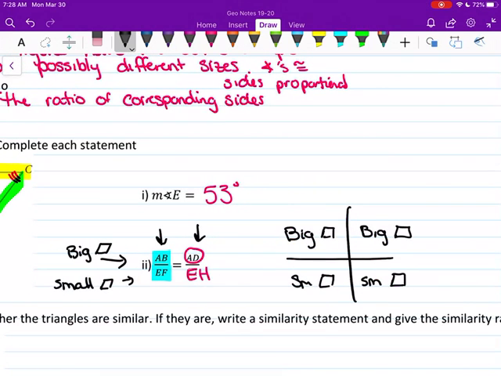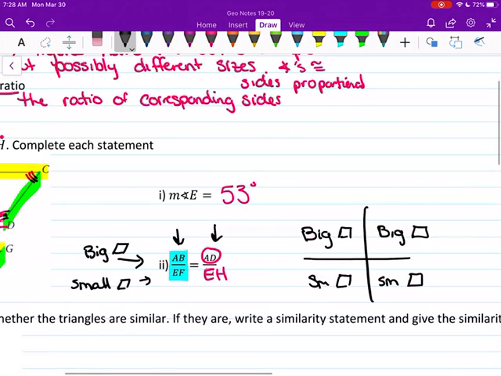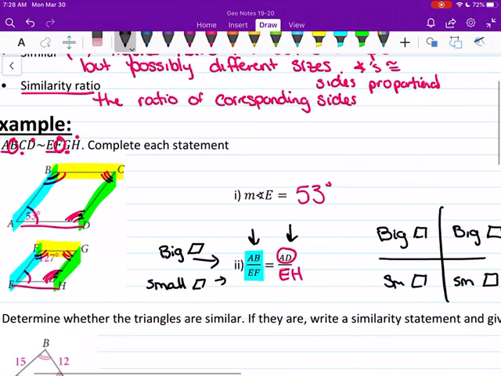And then within each fraction were corresponding sides. So AB and EF were corresponding sides. So it was blue side. And then we had the pink side, okay? So these were corresponding sides. Side blue, side pink, okay?